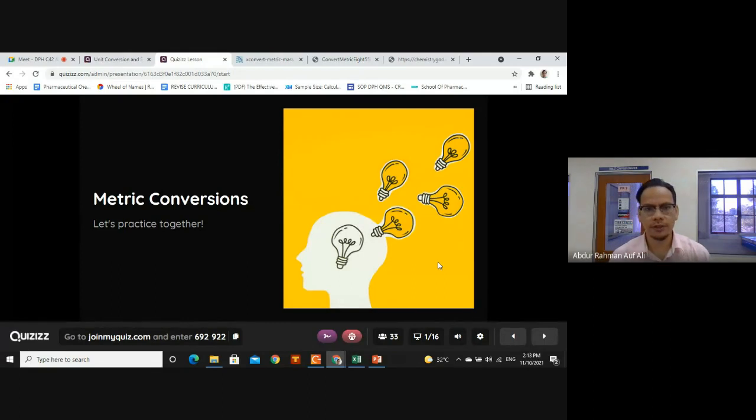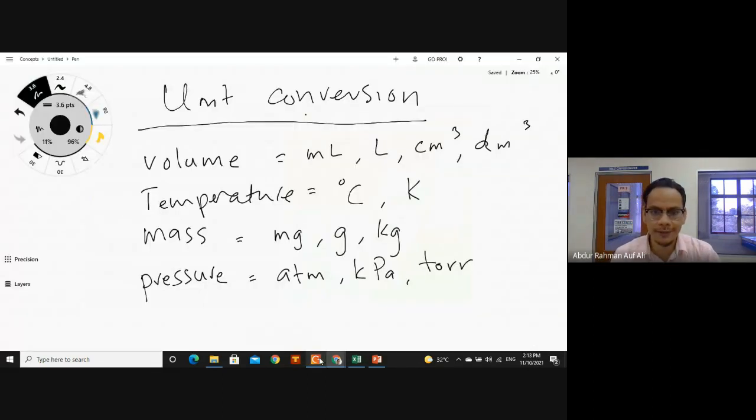Alright, so metric conversions. Before we begin this lesson, this is what I want you to focus on. There are a lot of metric units and non-metric units. Tapi in chemistry, specifically dalam modul pharmaceutical chemistry 1, I want you to at least be able to convert the units yang kamu nampak in your screen right now.